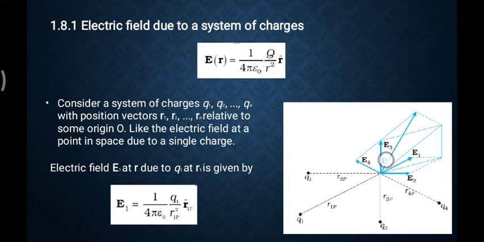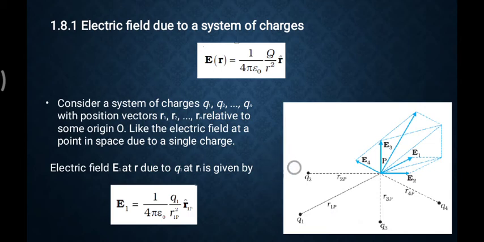Relative to some origin, let us take the electric field at a point in space due to a single charge. The electric field E1 at a distance r with q1 and r1, as we saw earlier, is E1 equals 1 upon 4 pi epsilon 0, q1 upon r1p square, r1p cap, because this is point P and we denote this distance as r1p.